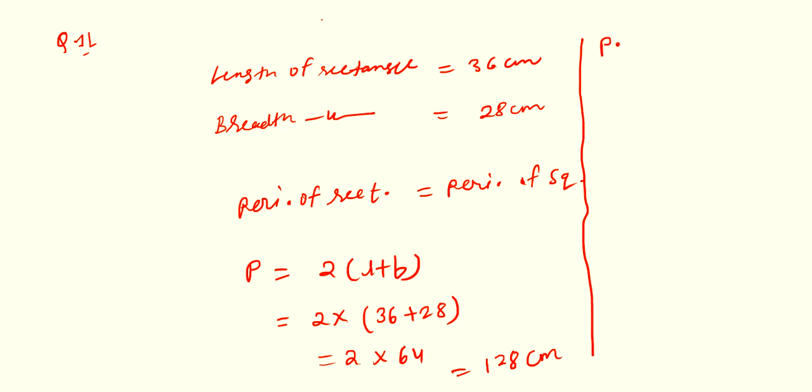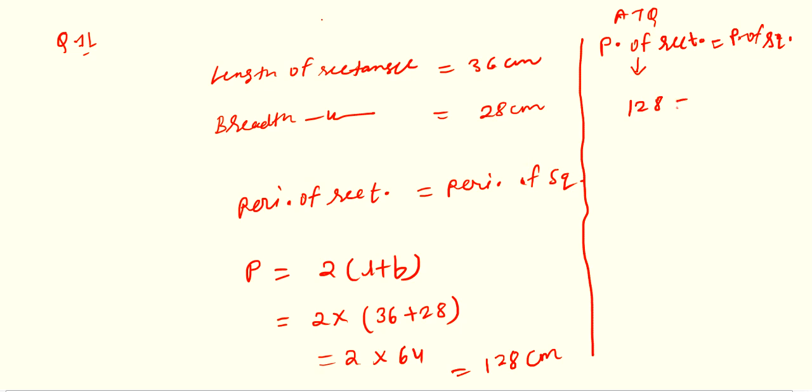Now as per the condition in the question, the perimeter of the rectangle equals the perimeter of the square. So the perimeter of the rectangle that we have calculated, 128, equals the perimeter of the square, 4 into side.